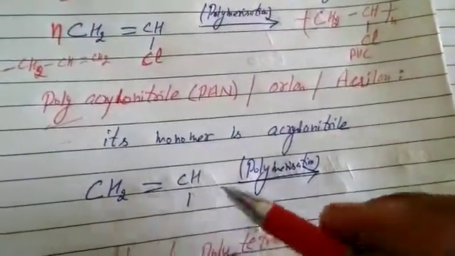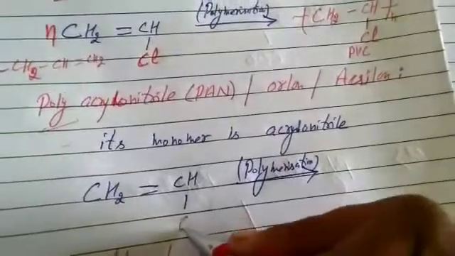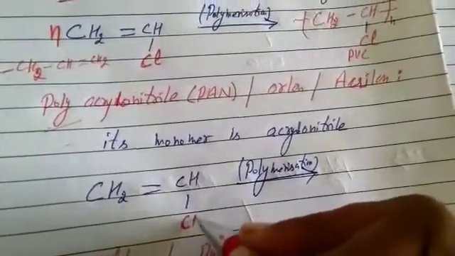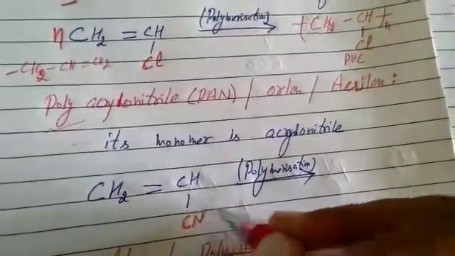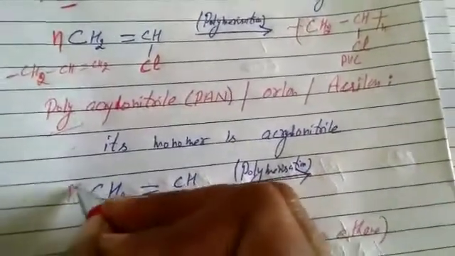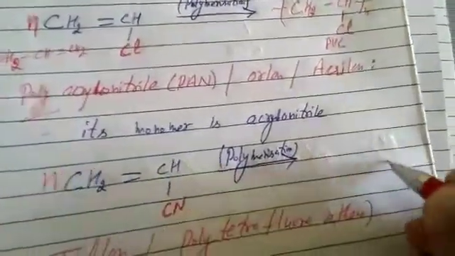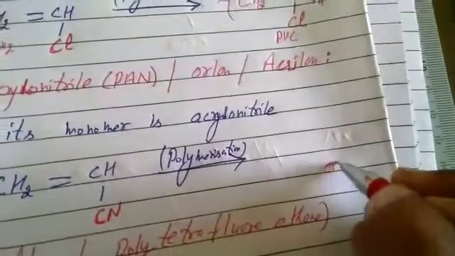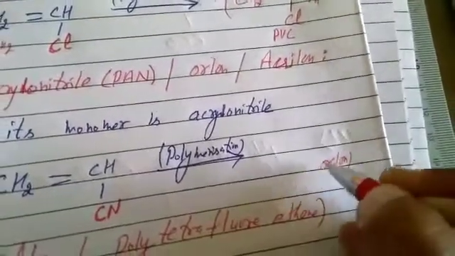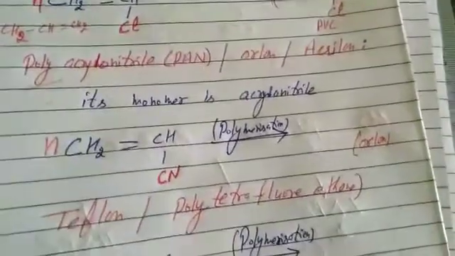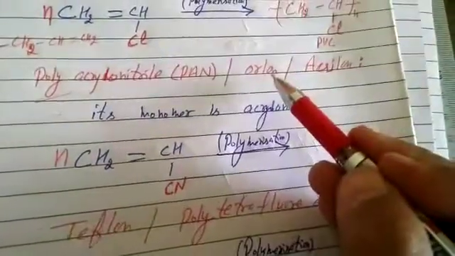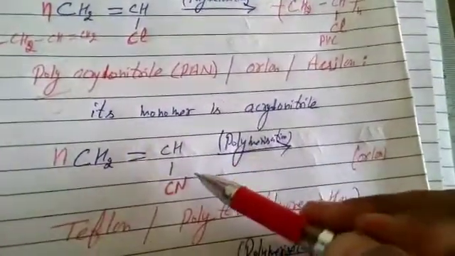Again, you know it is the vinyl group. Vinyl cyanide means CN is mentioned here. We do polymerization, consider n times. Please do it by yourself. The polymer is called Orlon, polyacrylonitrile. Whenever the polymer is Orlon, remember its monomer is vinyl cyanide, also called acrylonitrile.